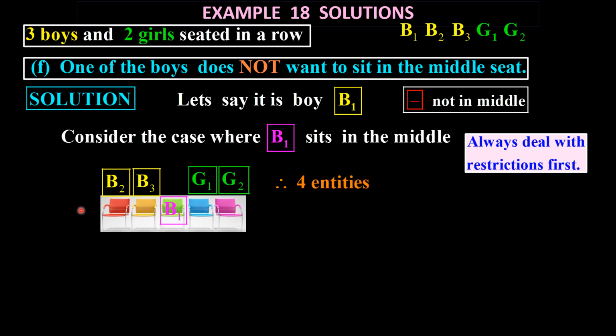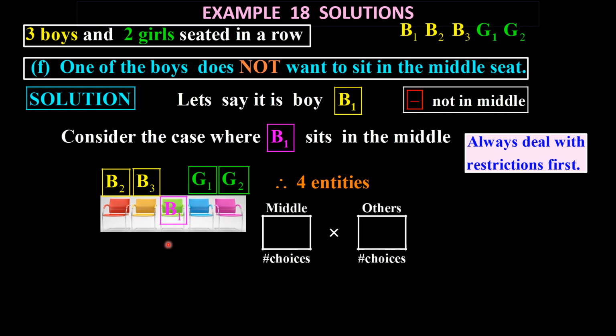Those 4 people, the 2 boys and the 2 girls, need to be arranged there. Well, this is fixed. So how many ways can 4 objects be arranged? That's correct. It can be 4 factorial. But this boy can only sit in one place. So there's only one option for the boy sitting in the middle. And if we calculate that, it will be 4 factorial.